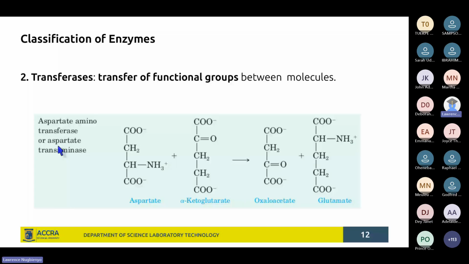Now take a look at this. If you look at aspartate, or aspartic acid, there's an amine group on that carbon there. And if you take alpha ketoglutarate, you see there's a C double bond O on that carbon there.